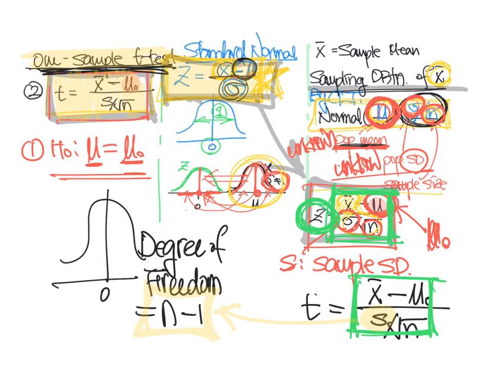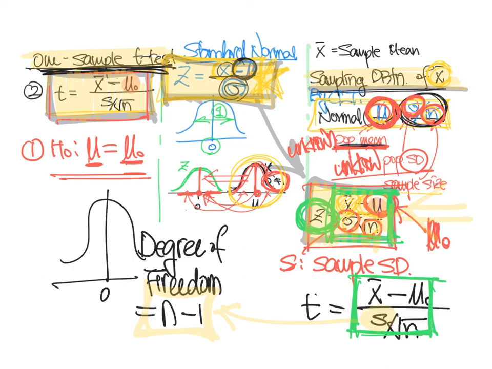We can standardize any kind of normal distribution, and we can apply the standardization to the sampling distribution of the sample mean. So we can take the z-score, the standardization of the sample mean: take off the mean of the mean and divide it by the standard deviation of the mean.